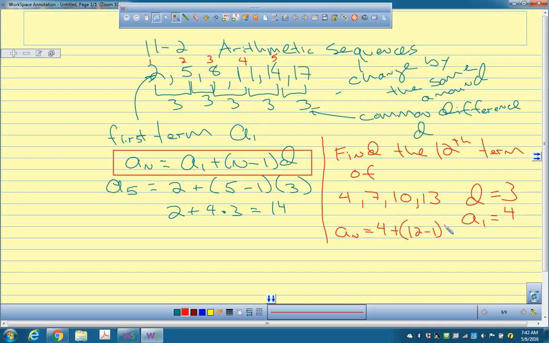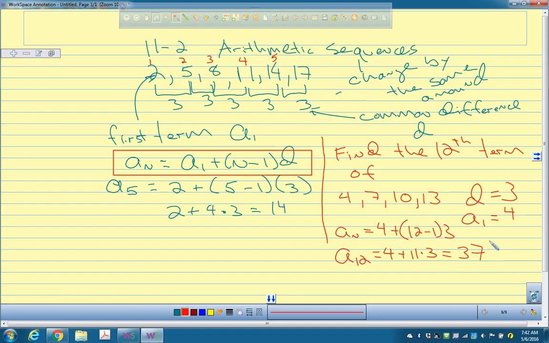Times 3, right? So the 12th term, A sub 12, in this case, is just going to be 4 plus 11 times 3, which is 37. There you go. Got it?